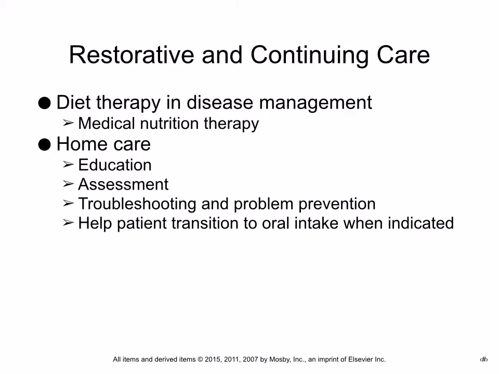Now, the diet therapy in disease. When they use the word medical nutrition therapy, it means they are using a special diet as a therapy to treat an illness. So diet used as a therapy to treat an illness is, in other words, medical nutrition therapy. And it is medical because the doctor has got involved.